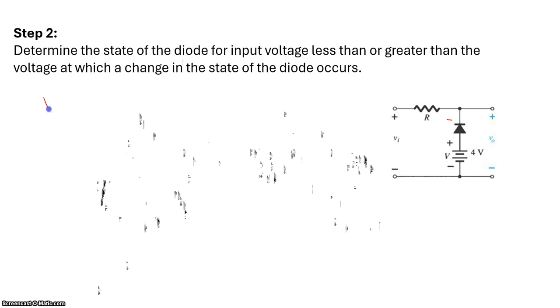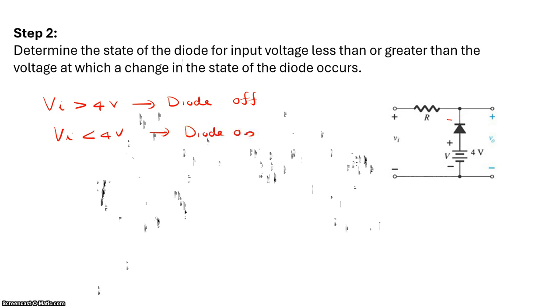So we can consider Vi greater than 4 volt, all positive coming, the diode should be off because negative to positive will come. So obviously in the other case, Vi less than 4 volt, your diode should be on.